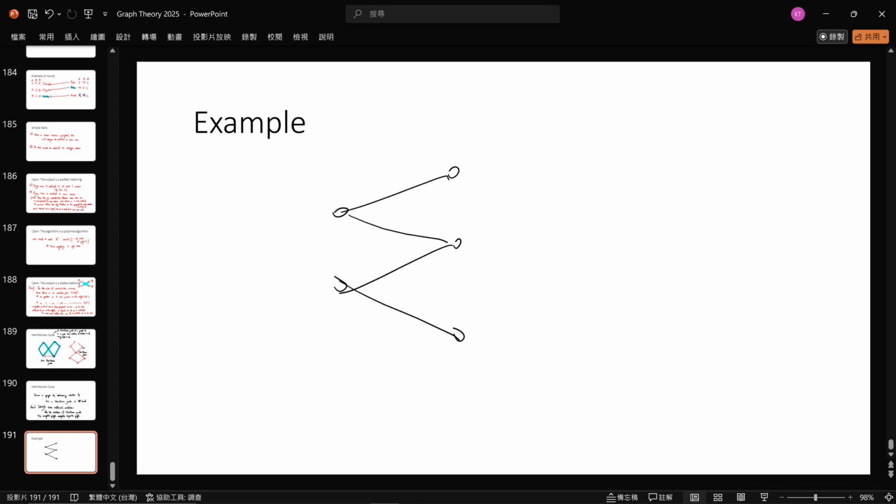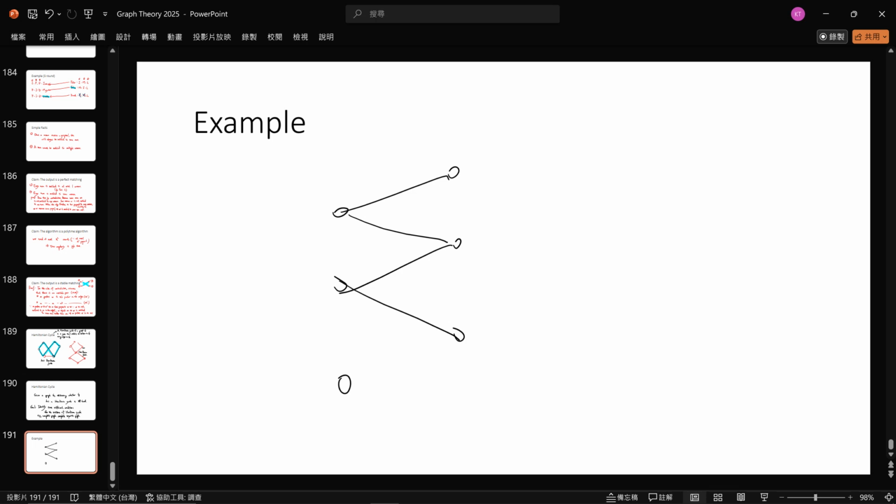So actually, you don't need to make these two sets the same size. No, they should have the same size, right? Yeah.